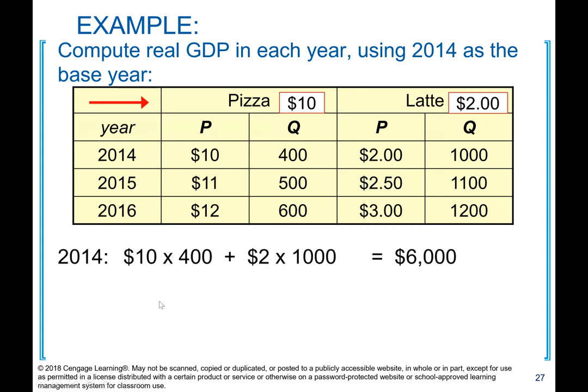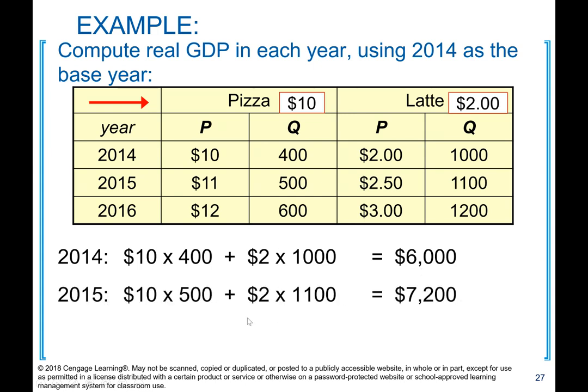So for 2014, 10 times 400, 2 times 1,000, you add the two, you get 6,000. That is real GDP. In 2015, you value 2015 production at 2014 prices. So 500 times 10 plus 1100 times 2.